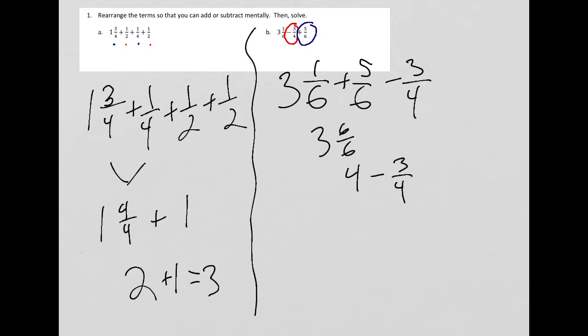Well, I learned yesterday how to borrow, so I can rethink this 4 as 3 4/4 minus 3/4, because 4 is the same thing as 3 4/4. So 3 4/4 minus 3/4 is going to give me 3 1/4 as my final answer. So we're able to reorganize our terms to make our math easier for us.